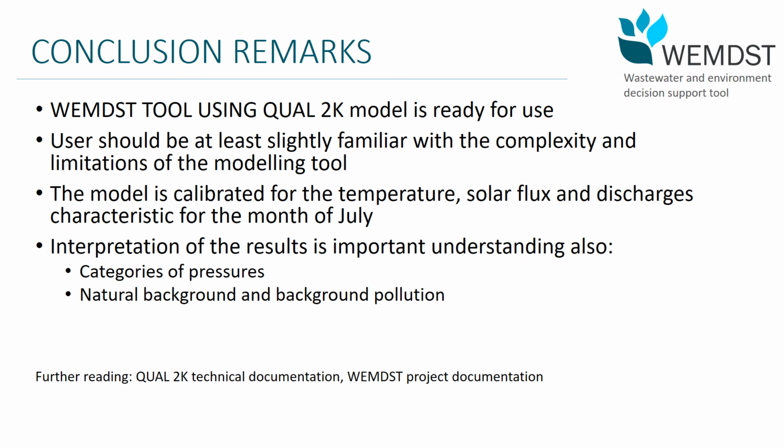Going to the interpretation of the results, it is important to understand different categories of pressures, meaning how the agglomeration pressures originate, compressing these river reaches, and also natural background and background pollution. In some instances, we have observed natural background, specifically from higher, smaller watercourses, which might already be polluted with some specific old burdens or industrial activities.